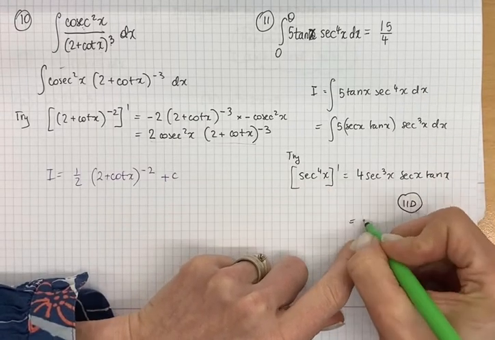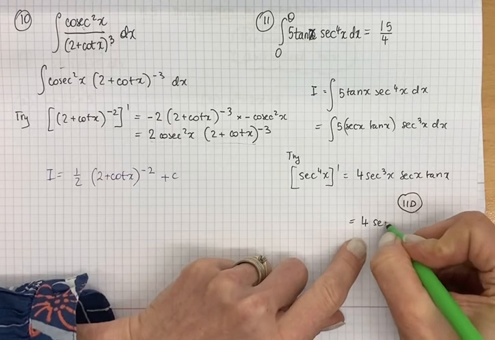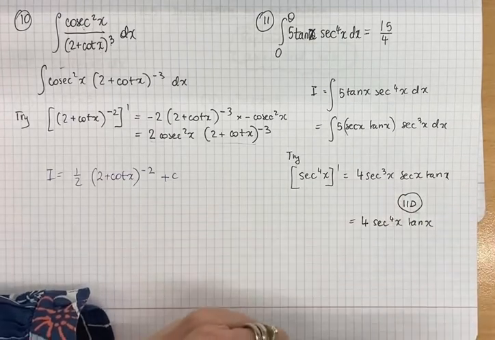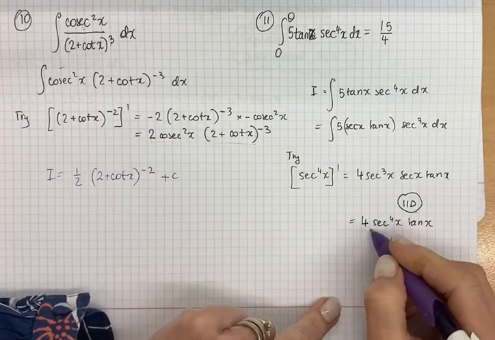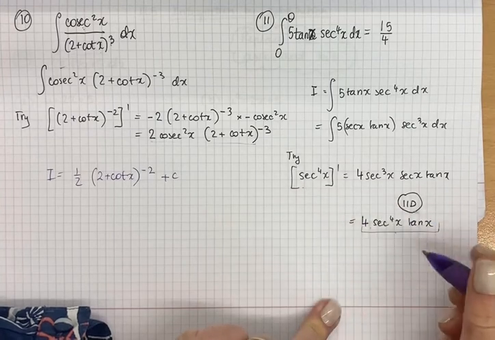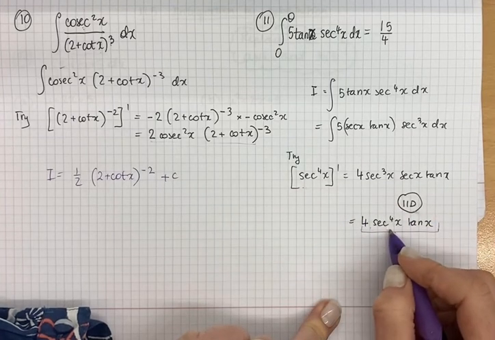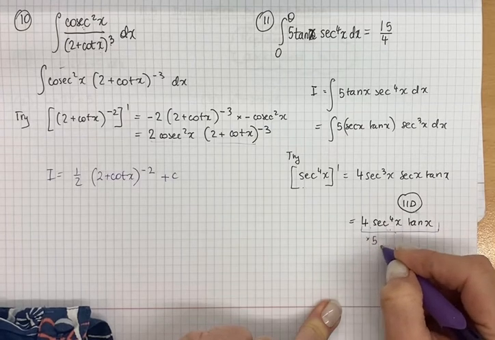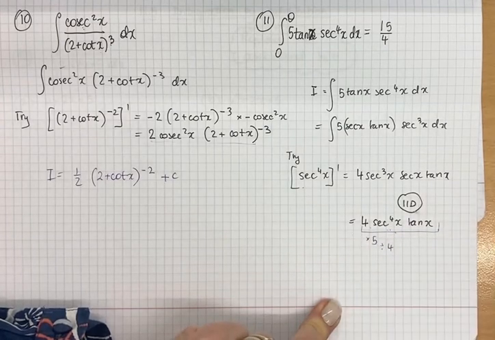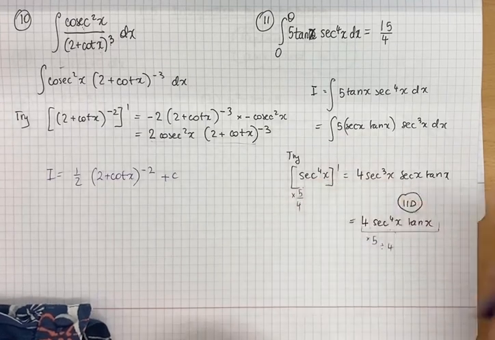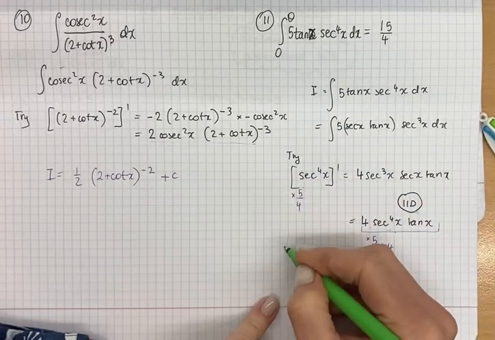This will give me 4 sec to the power of 4x tan x. Now, that here integrates to this. Okay, now I don't have 4, I've got 5. So I need to times it by 5 and divide by 4 to get rid of that 4. And obviously I need to do the same to this side.